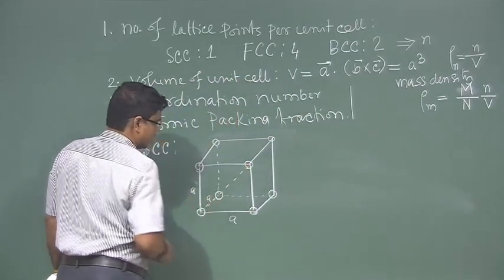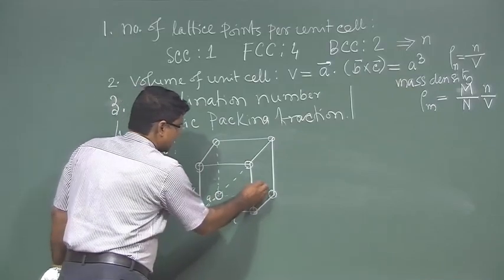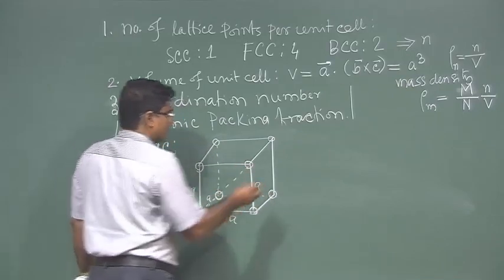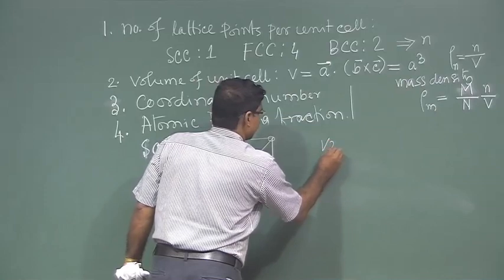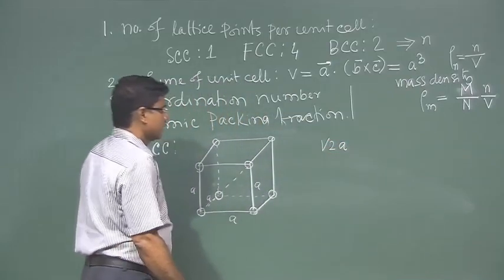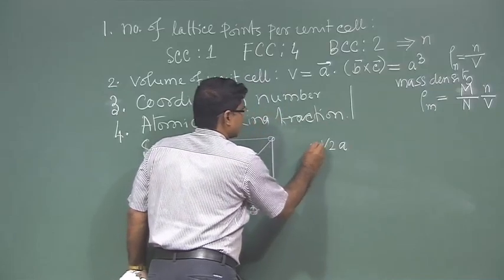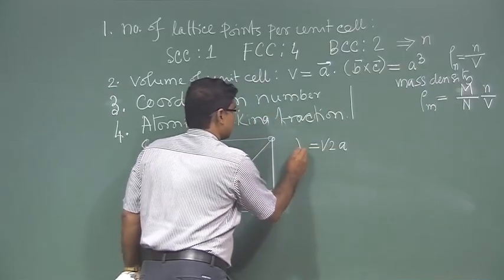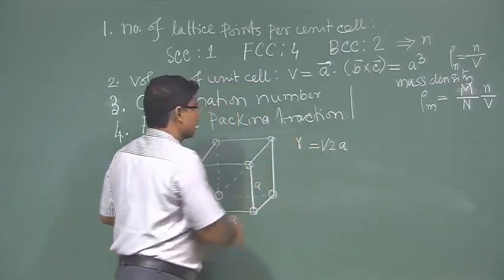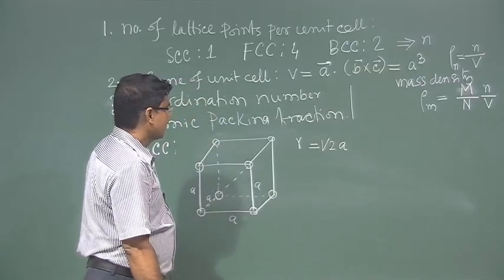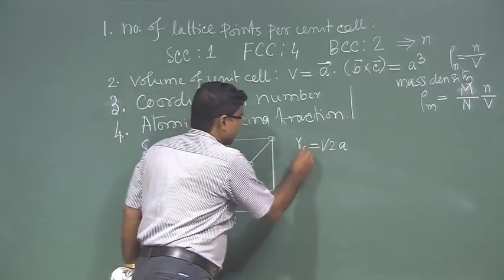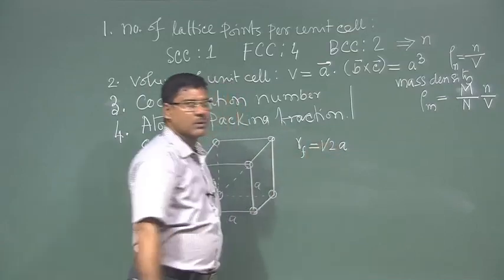So, that distance one can calculate. If this is a, then this will be square root of 2 times a. So, I can write that the distance between two atoms along the face diagonal, say R_F, is root 2a.